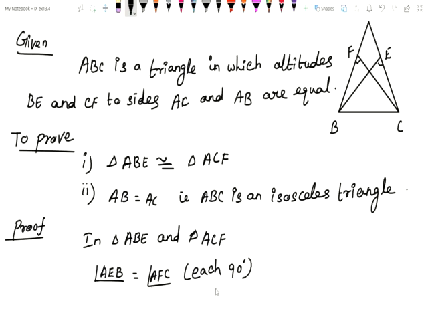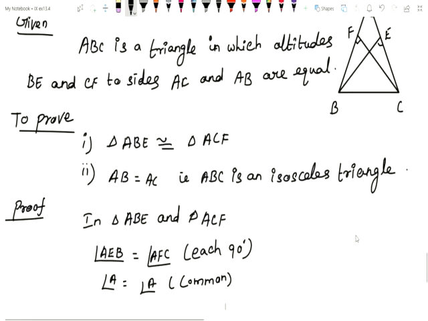And the next, angle A is common. See here, this angle A is common. Angle A equal to angle A. And both the altitudes are equal. BE equal to CF is given in the question.